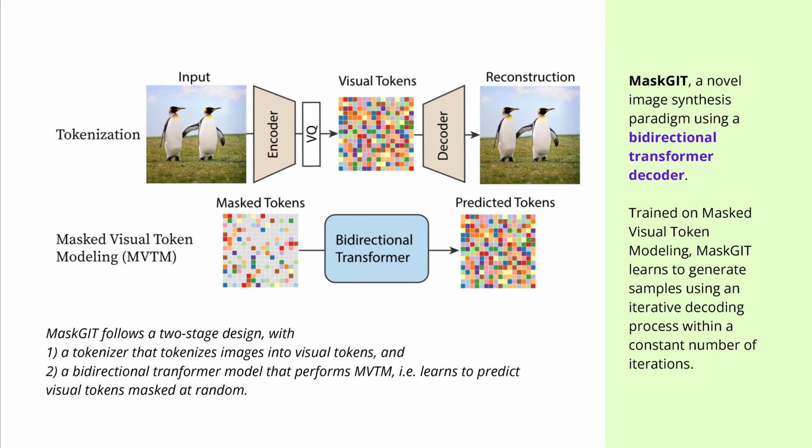But now let's talk about this MaskGIT, or this Generative Image Transformer system. Now, very easy, also a two-stage design. Again, we have here tokenization. So we have an input image of two penguins. Beautiful. And then we have a tokenizer that tokenizes the image into our visual tokens.